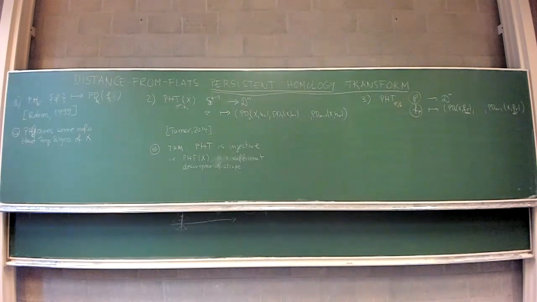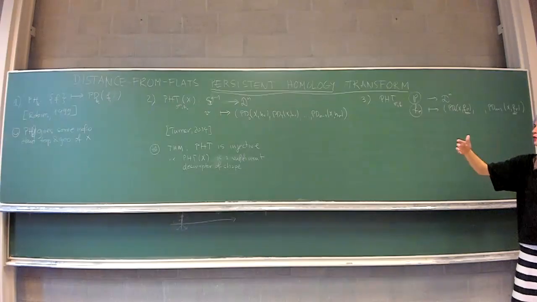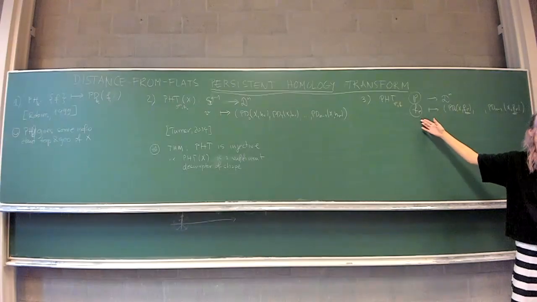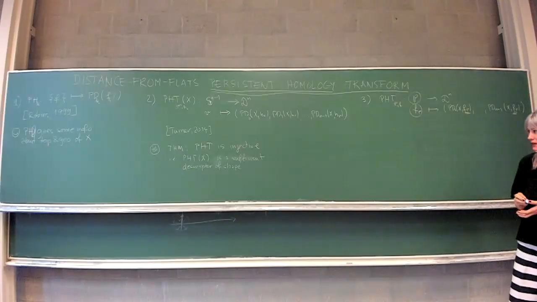A lot of the results that we prove are for the generalized case. The main idea of introducing this term is that we hope that in the following years, people will also look at different filtration functions, just to broaden the perspective so that it's not only the height.